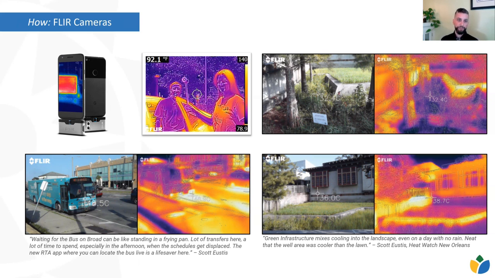People can go out and shoot these live images of where it's hot and where it's cool, and really start to explore the underlying question about land cover, and see that, yes, impervious surfaces measuring here almost 50 degrees Celsius in the bottom left are a lot different than a shaded green area in the upper right, just at 32 degrees Celsius.